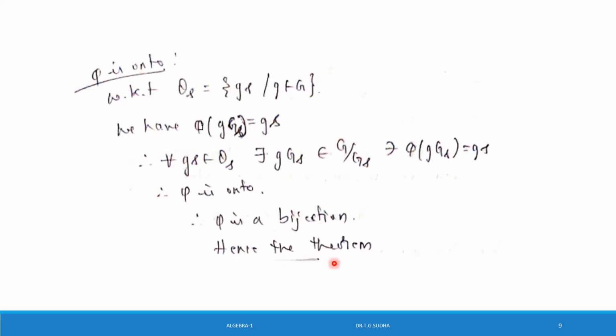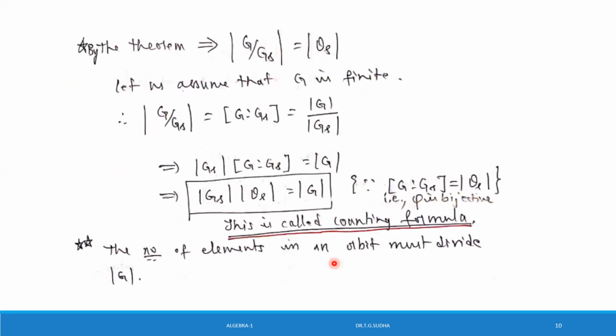But we need to prove that the cardinality of Os is equal to the cardinality of G divided by the cardinality of Gs. Since phi is a bijection mapping, the cardinalities of the domain and the codomain are equal. Therefore, the cardinality of G by Gs is equal to the cardinality of Os.